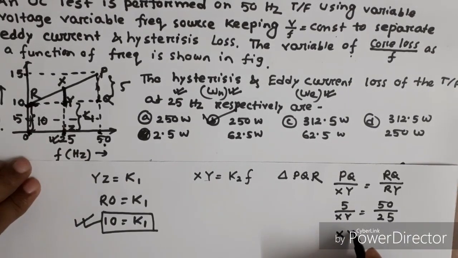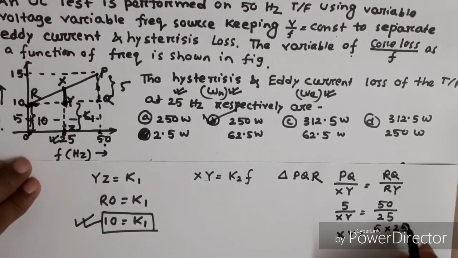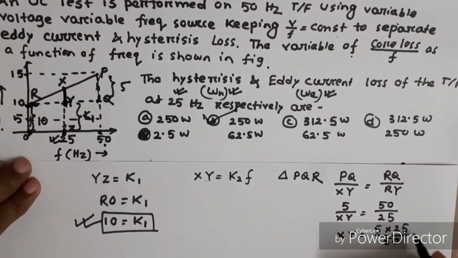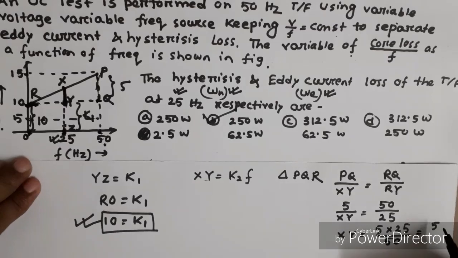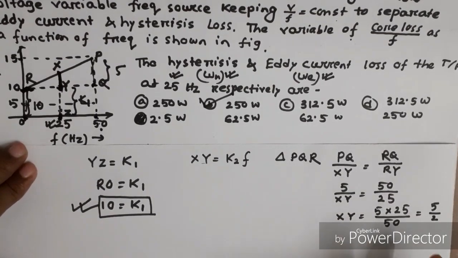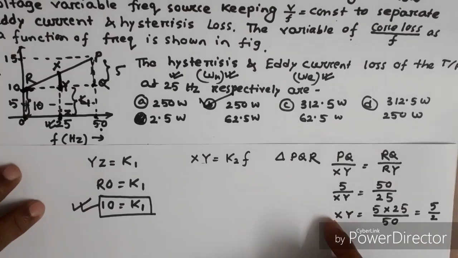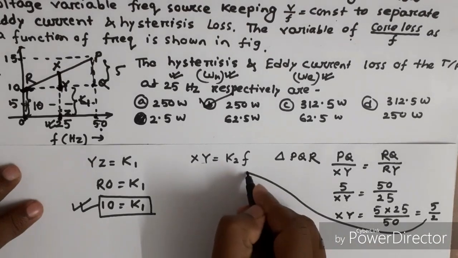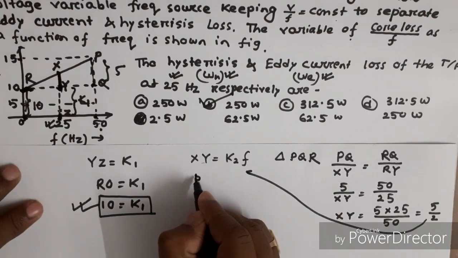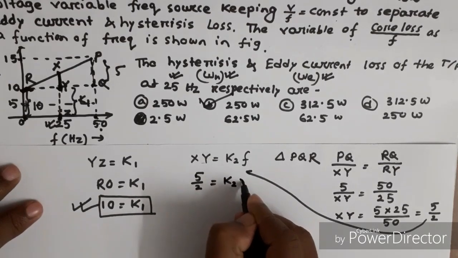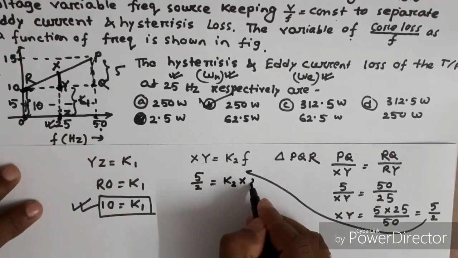Therefore, what is XY? XY will be 5 into 25 divided by 50, that is equal to 5 by 2. Once I know XY, I put the value of XY here: 5 by 2 equal to K2 into F. Frequency is 25 Hertz.